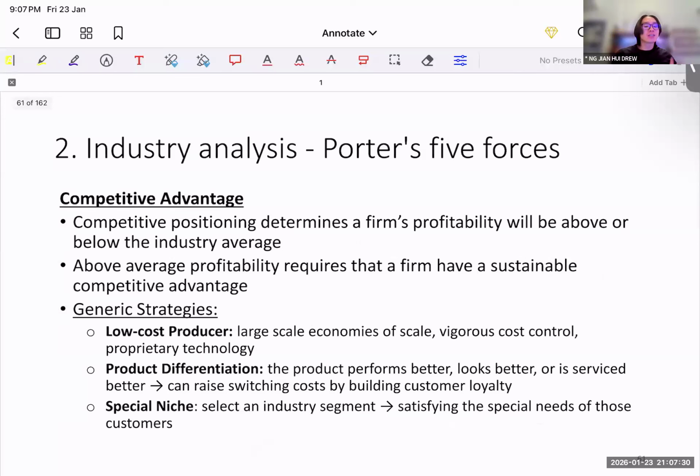Competitive advantage. I just wanted to highlight that there are different strategies a company can take. Some companies really focus on low cost, others on more differentiated products, or last but not least, more specialized products. When we think of pharma companies, typically if they are producing a very unique kind of drug, like your COVID vaccine, that is a specialist niche that not many companies were able to do.